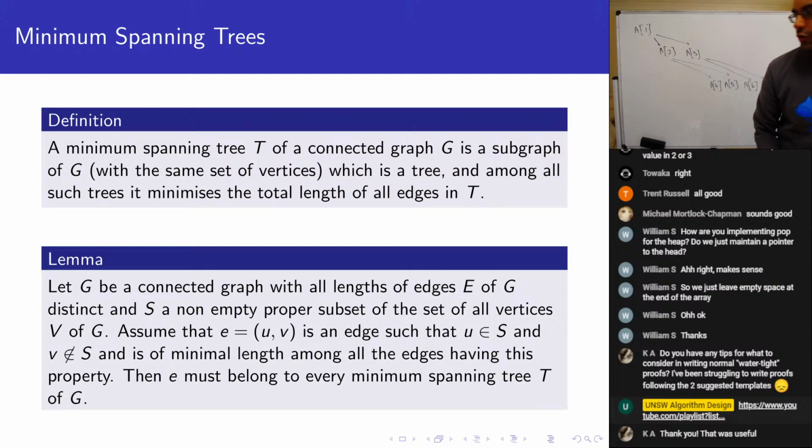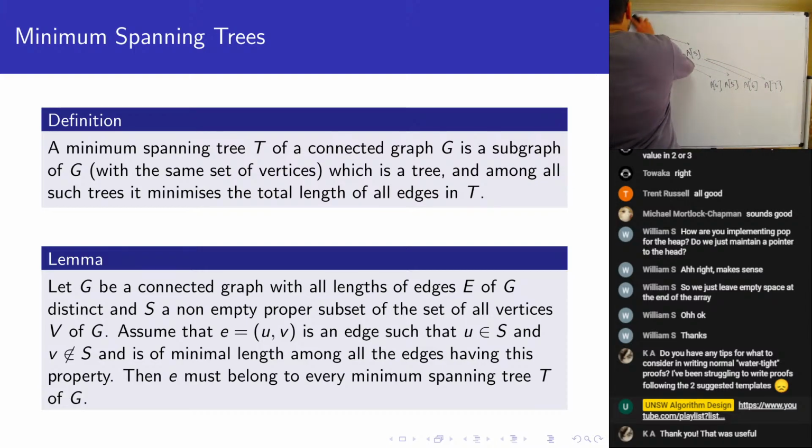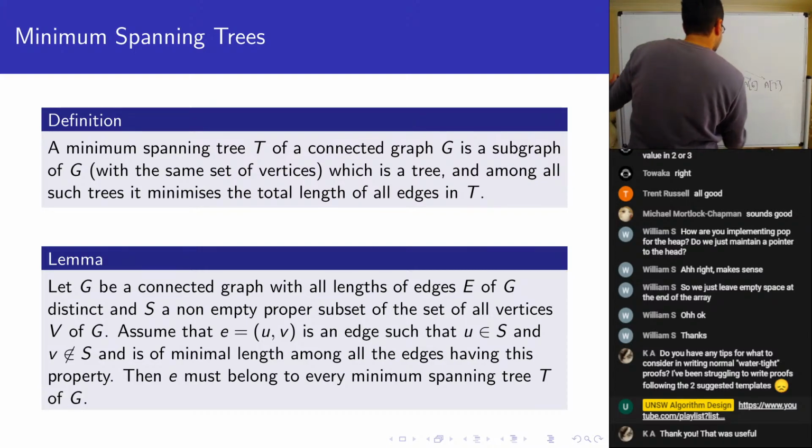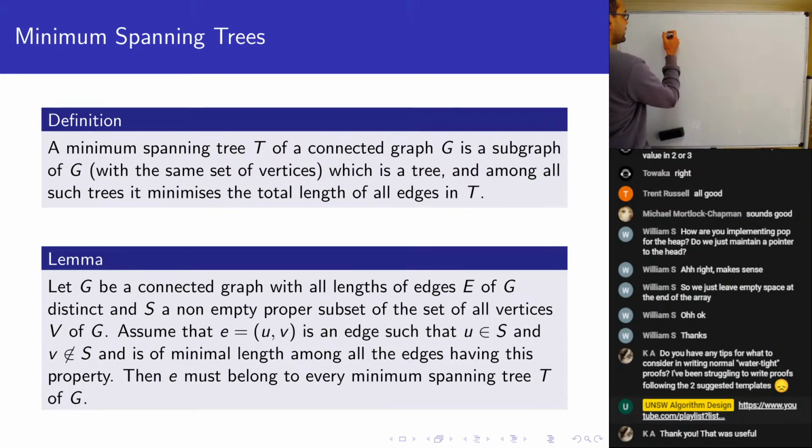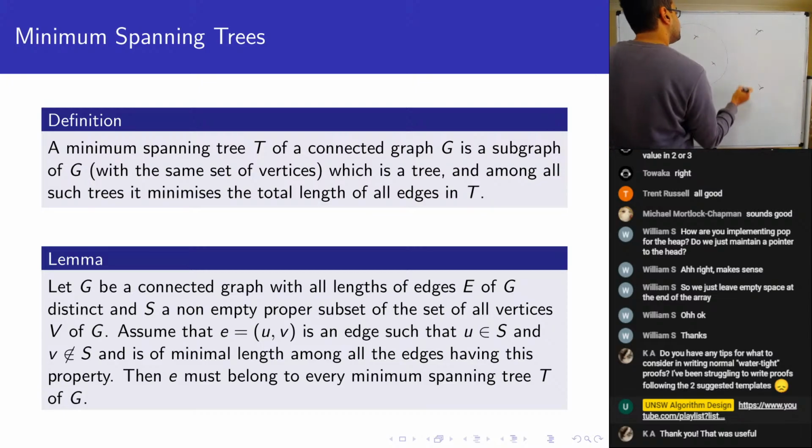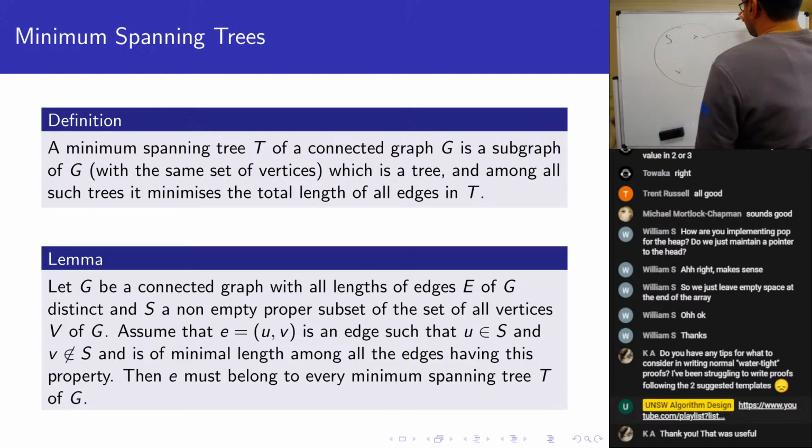I know there's a lot in that block. All this is saying is, suppose I have some set of vertices S, and outside this is S complement.